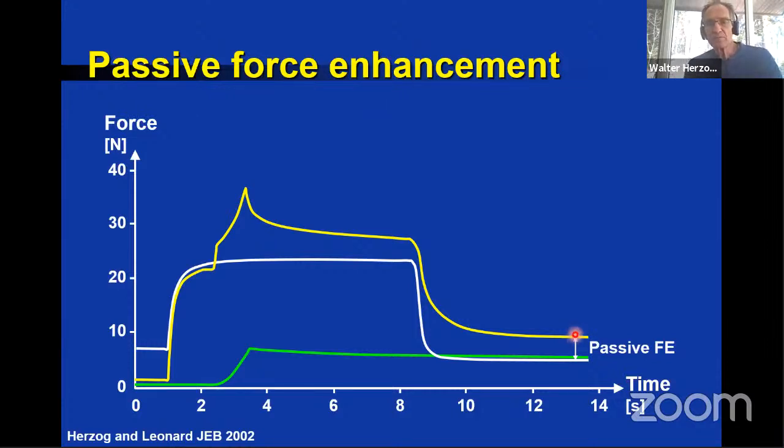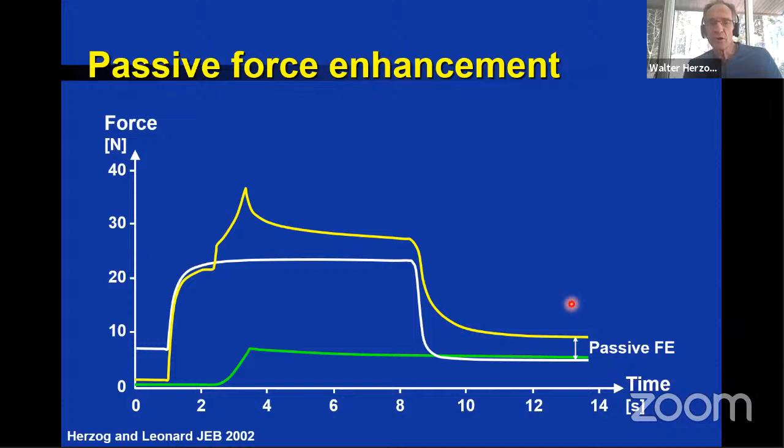And of course, initially people thought this was due to damage of the muscle and other things, and we eliminated all that and demonstrated that indeed the passive force is higher after an active stretch. And this then we showed also to be true in single myofibril experiments.